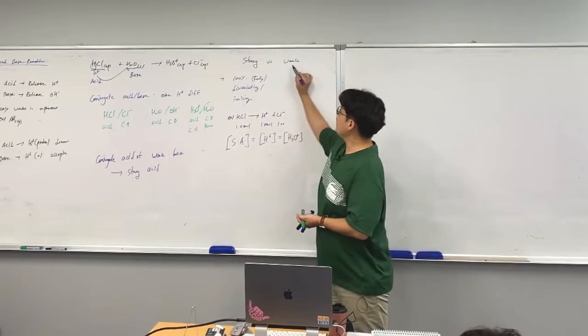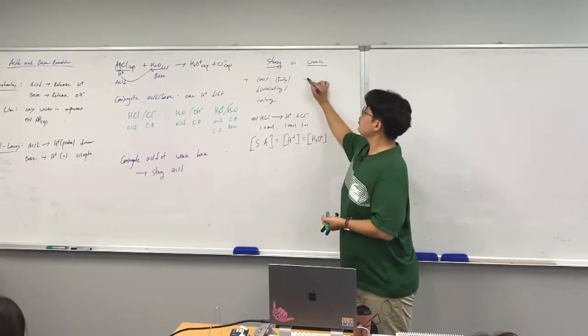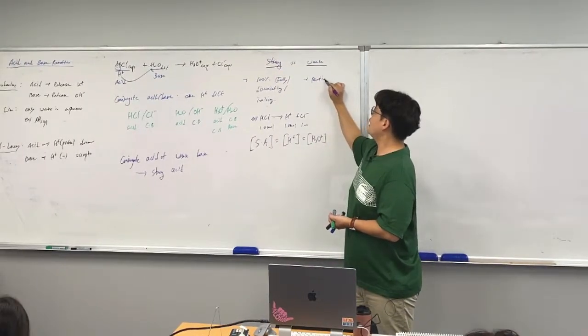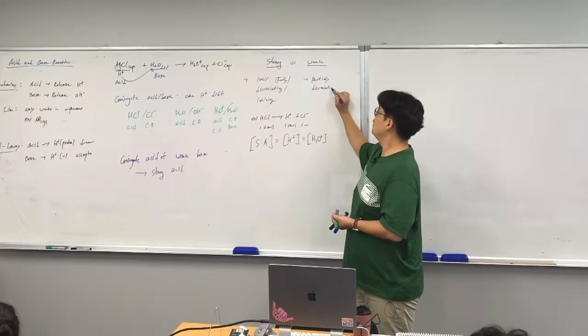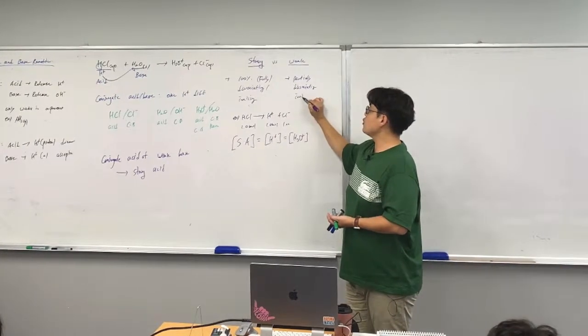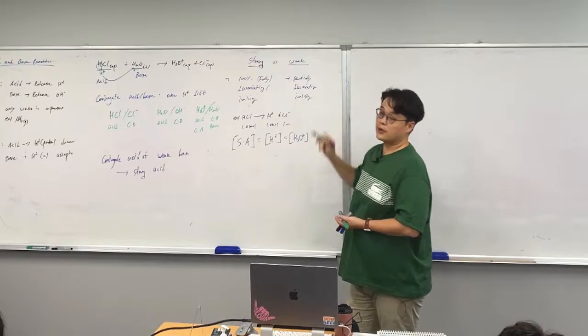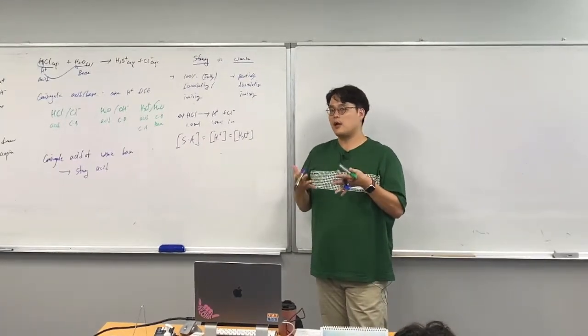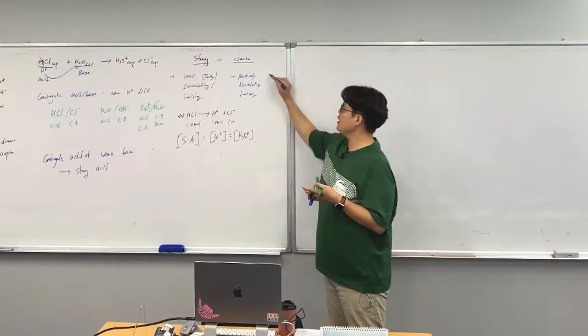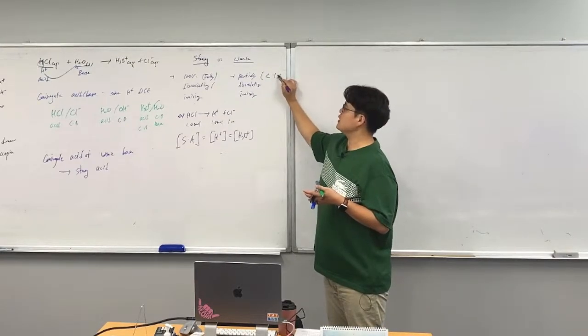Okay, for the weak acid and base, it would be partially dissociating, partially ionizing the water. So what does partially mean? It's not 100%. When we say partially in chemistry, it would be something less than 1% even.